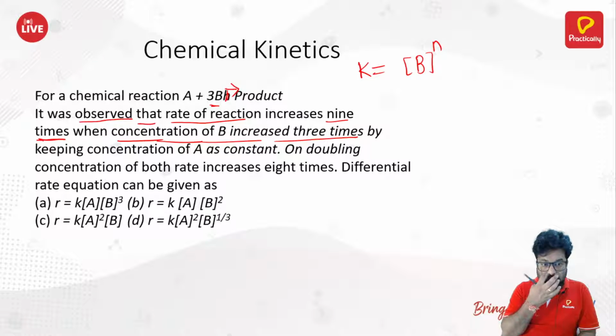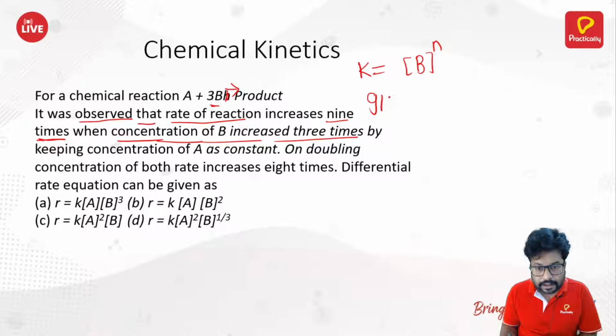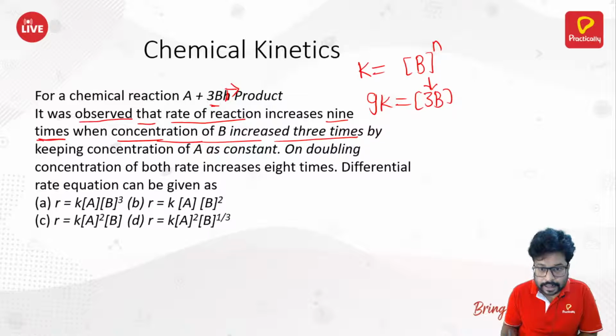Now what they're saying, it was observed that rate of reaction increases 9 times. So this is K. This K becomes 9K when this concentration of B was increased by a factor of 3. So this becomes 3B, right? This has become thrice, rate has become 9 times.